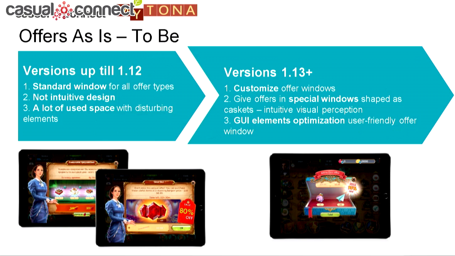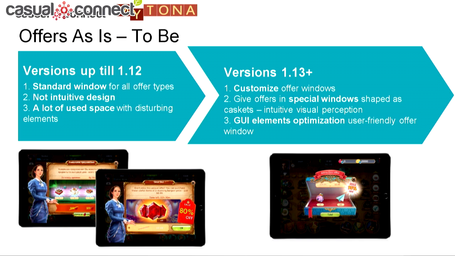Okay, so what we've got: before, we had a non-customized design, a standard window which was very similar to the Quest window. So players could get confused, and they might get annoyed as well because they could accidentally buy the offer. And then there was a lot of space used, and there were a lot of distracting elements, and the window was too complicated.